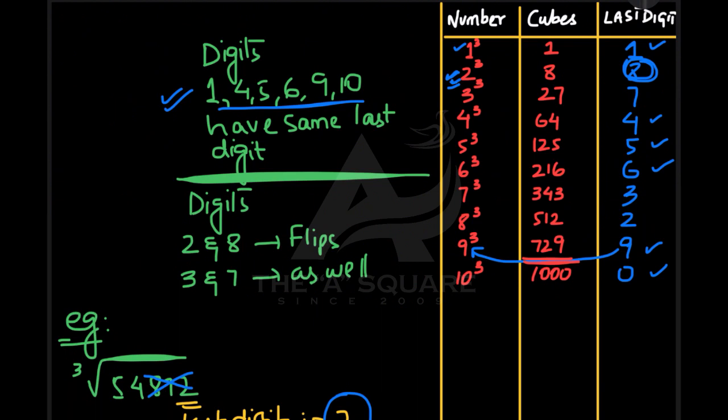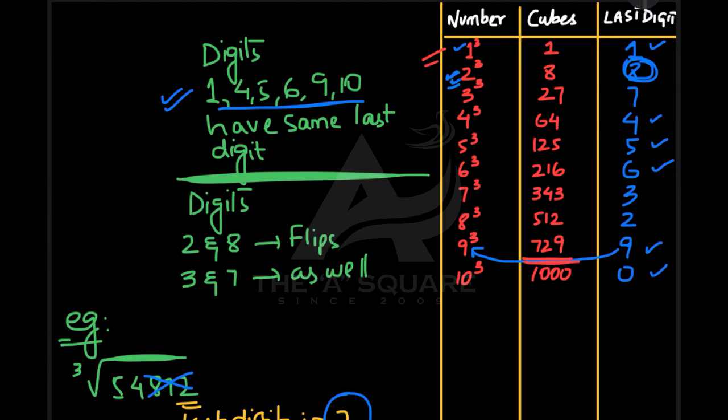Now from this data, what can we conclude is that for the digits 1, 4, 5, 6, 9 and 10, those cube numbers have the same last digit. You can see this from the table as well. 1 cube is 1, the last digit is 1, so 1 and 1 are the same.